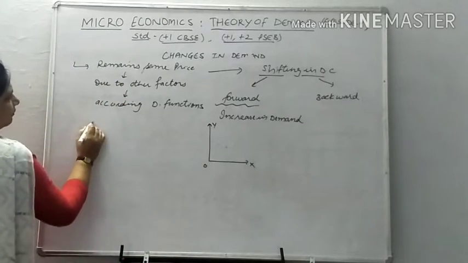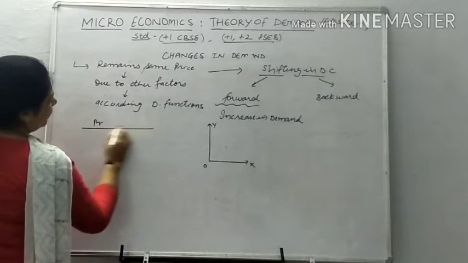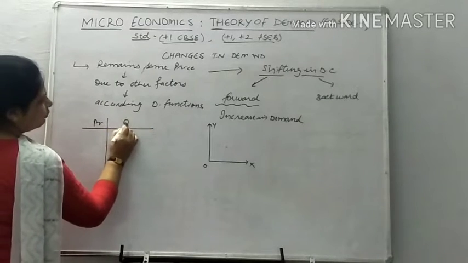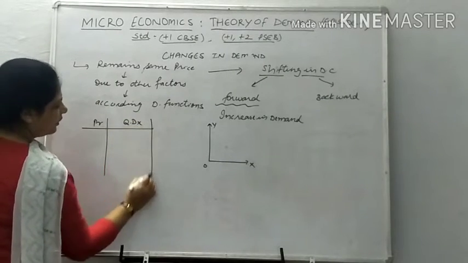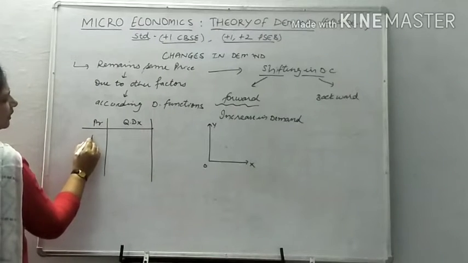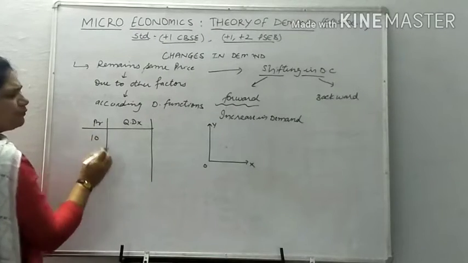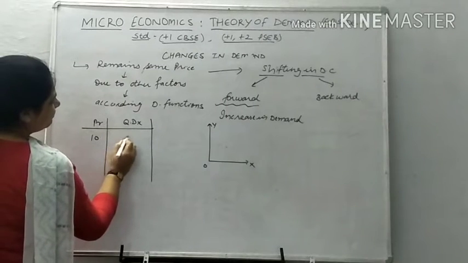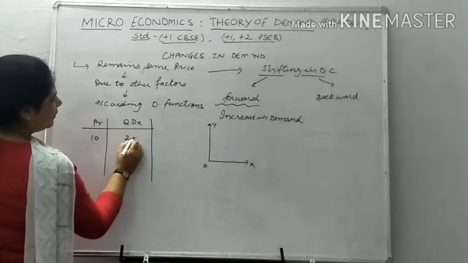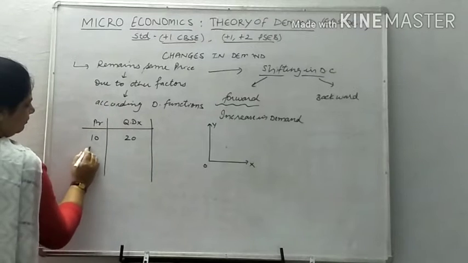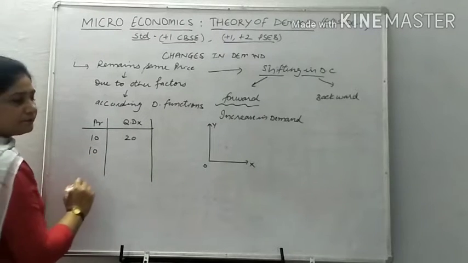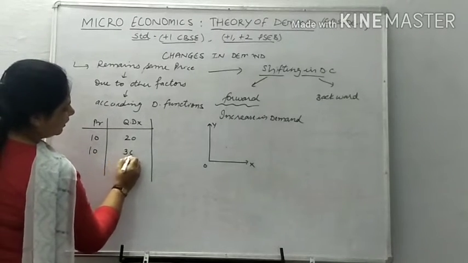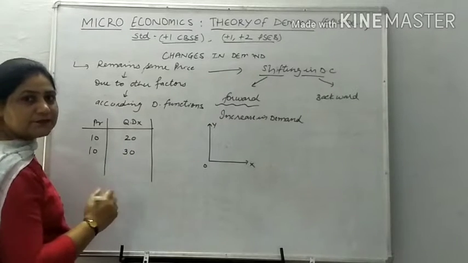Okay, look here, I am taking a table to make you more clear about it. Suppose there is 10 rupees price for any commodity X. Consumer is purchasing 20 units, but the price is same. Now the consumer is getting 30 units.